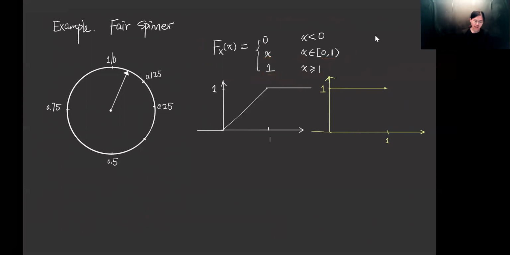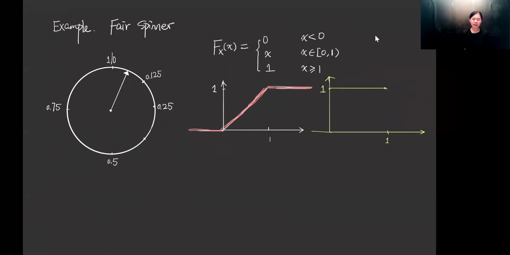When you draw that CDF on the graph, you find that this CDF is 0 on this negative portion, and it's the 45-degree line on the 0 to 1 portion, and flat at 1 when x is greater than 1.